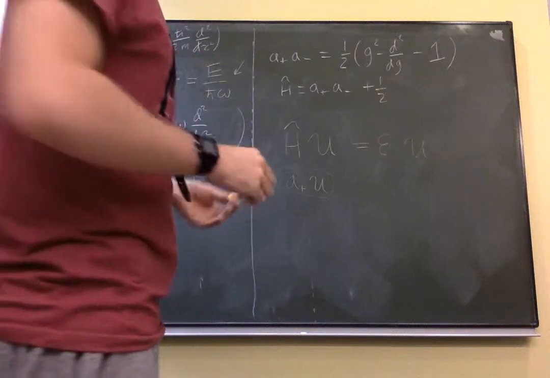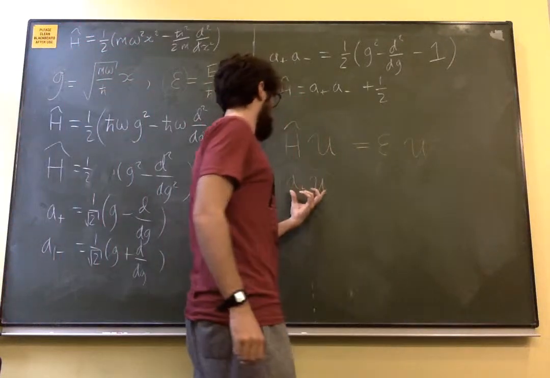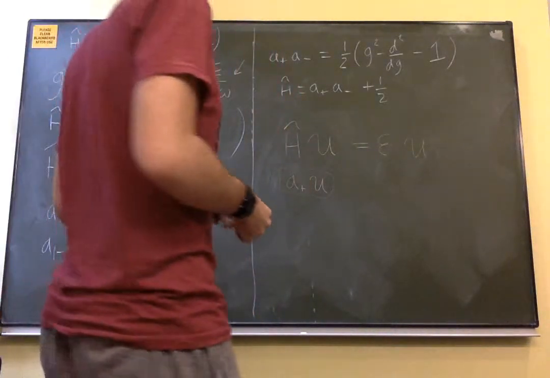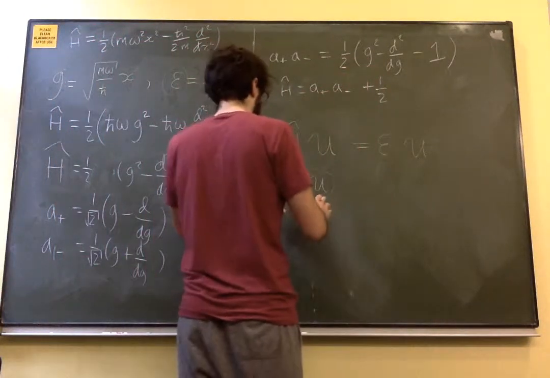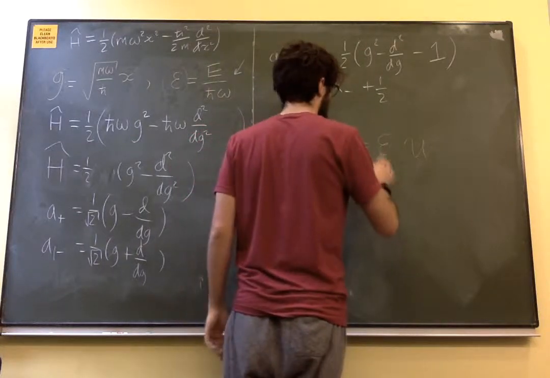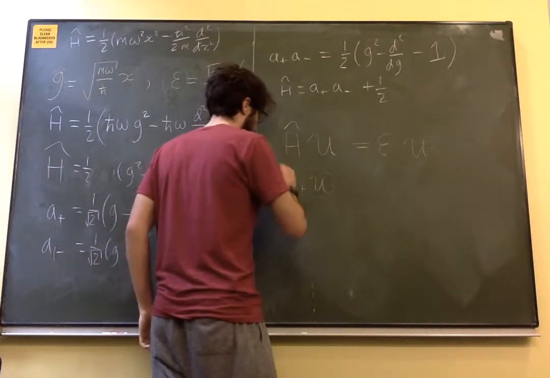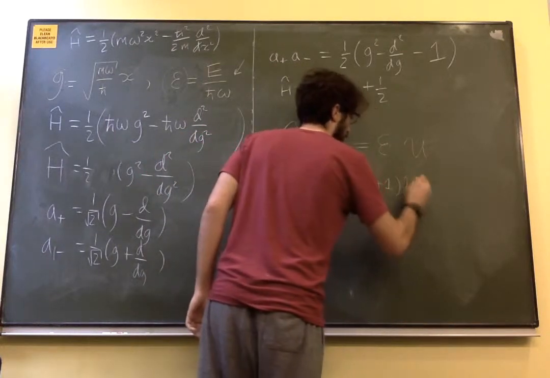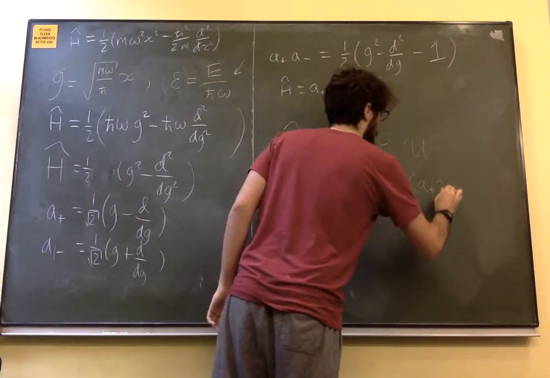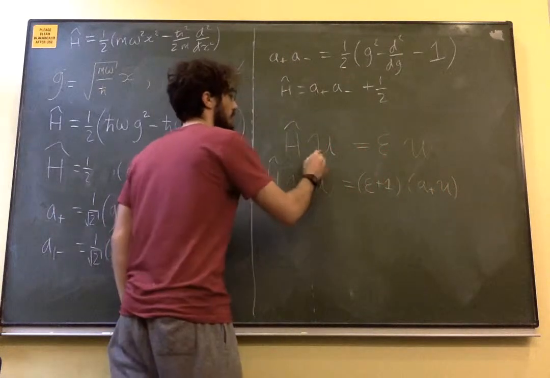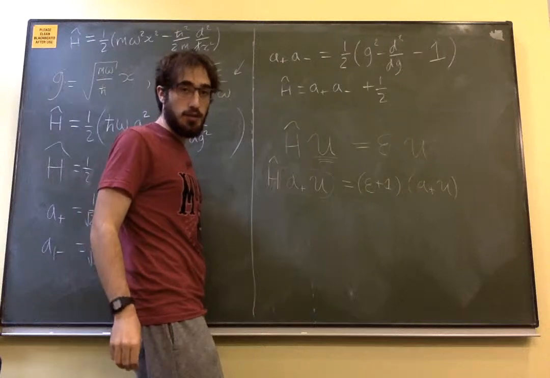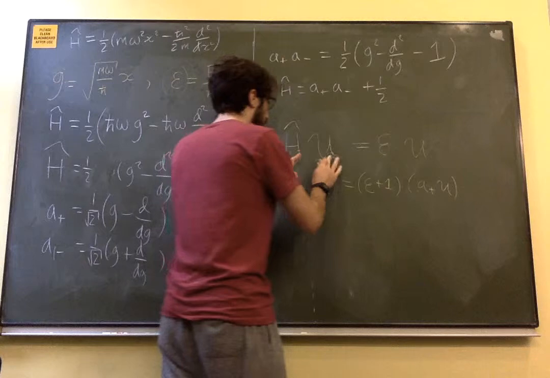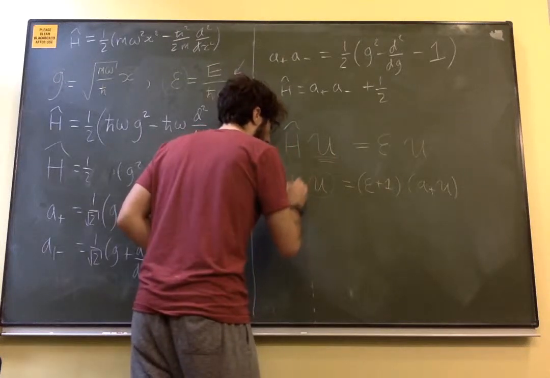It turns out to be an eigenstate of the Hamiltonian, and the eigenvalue turns out to be epsilon plus 1. So I've taken my old eigenstate u, which has some energy epsilon associated with it, and I apply this raising operator to it.